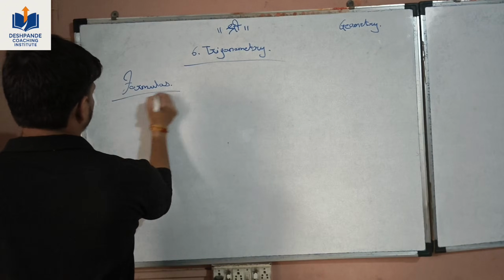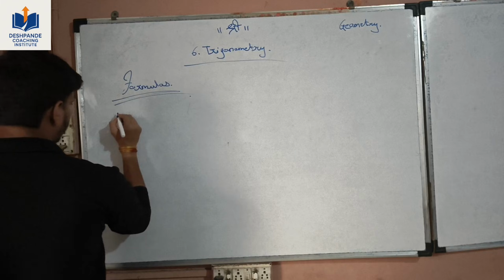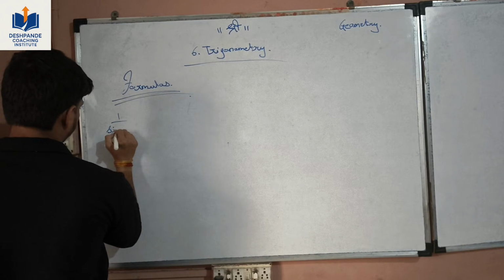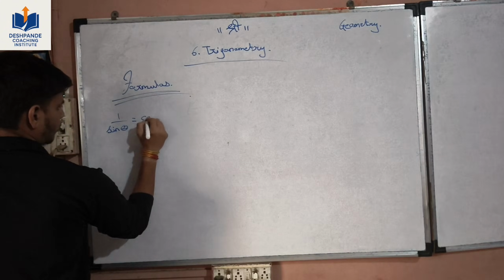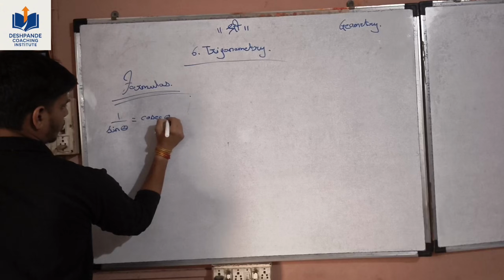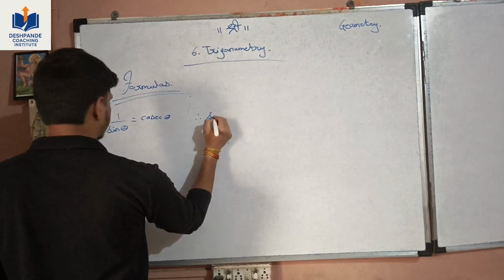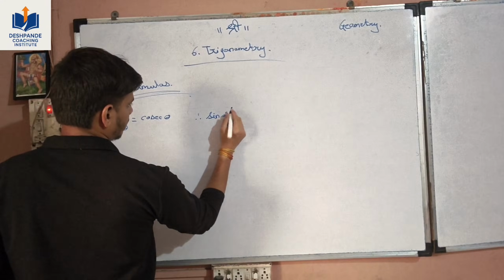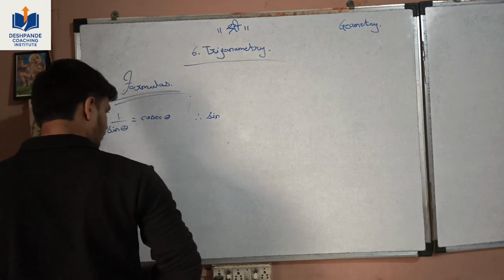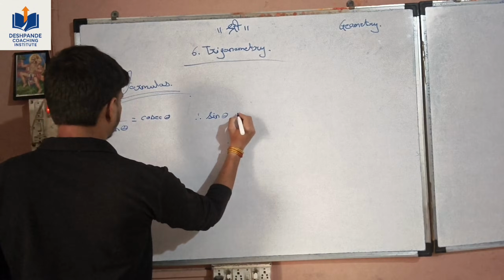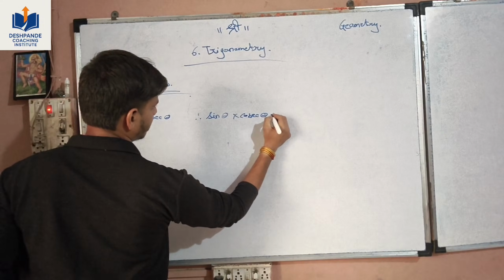Formulas. Forgive me for my handwriting. The first formula is 1 upon sin theta is equal to cosec theta. We can also write this formula as sin theta into cosec theta is equal to 1.